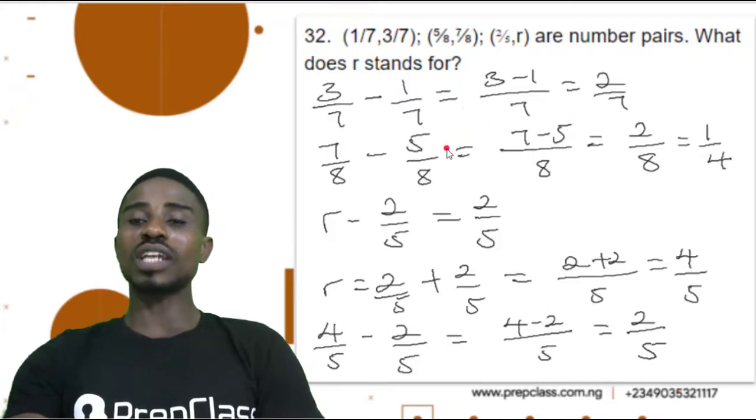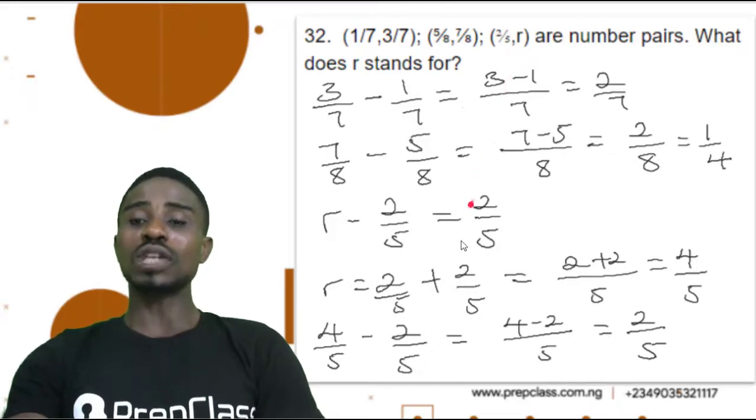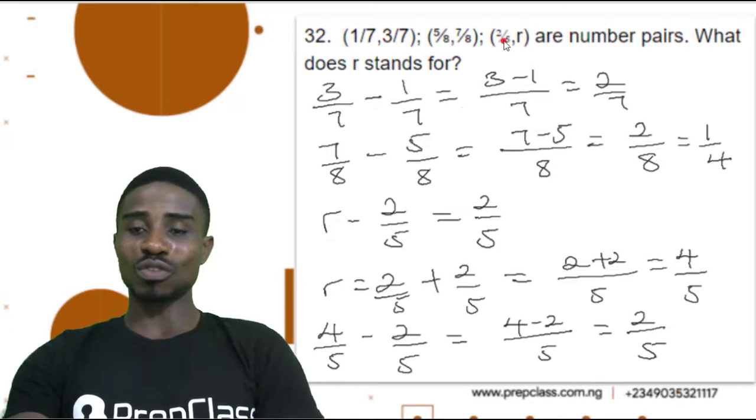All right. So we are also going to be looking at the difference between 7 over 8 and 5 over 8. So we have the common denominator, which is 8. So write it out. Then we subtract the numerators, 7 minus 5, and that will give us 2 over 8, which is equal to 1 over 4. To find what R represents, we're going to be looking at the difference between R and 2 over 5.